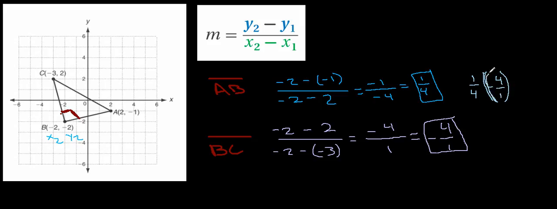The product of these actually equals -1. So these are perpendicular, and I proved it here by finding the slope first, then taking the product of their slopes and finding that the product of their slopes equaled -1. These are perpendicular lines. Cool stuff. I'll see you in the next video.